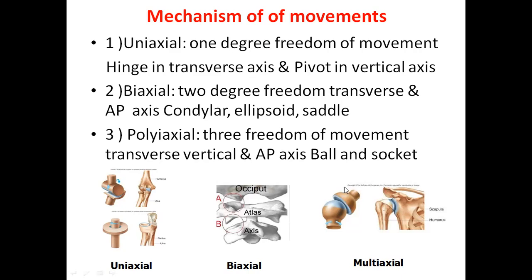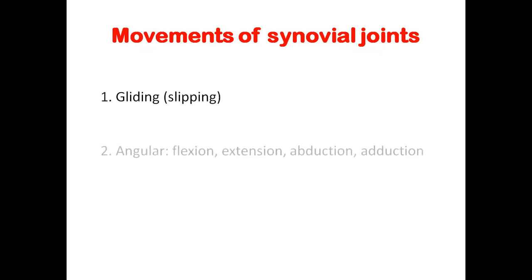The third variety, that is the three degrees of freedom of movement, is present in the transverse axis, vertical axis, and the anterior posterior axis. These are called the polyaxial movements. Movements of the synovial joints.